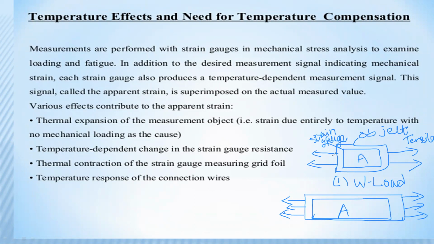In addition to the desired measurement signal indicating mechanical strain, each strain gauge also produces a temperature dependent measurement signal. We can calculate temperature, or we can apply different loads on this object, and it will get some temperature effect.